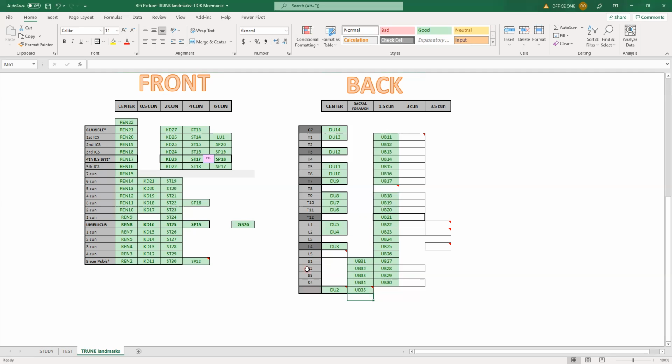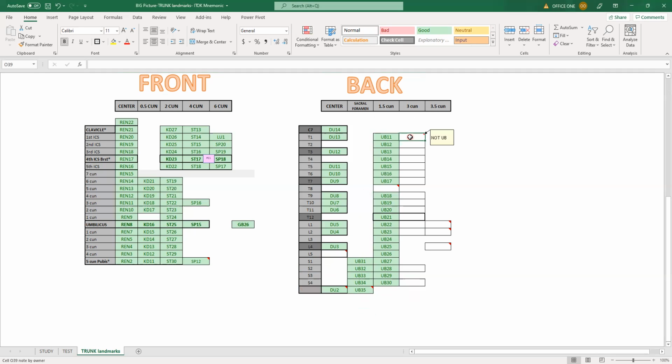So 31 is at the level of S1, S2 is 32, S3 is 33, and S4 is 34. And then UB35 is at the tip of the coccyx. Okay, so this is the first line of the UB channel, and then we move to the second line.